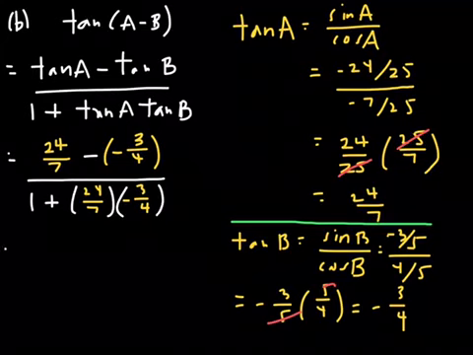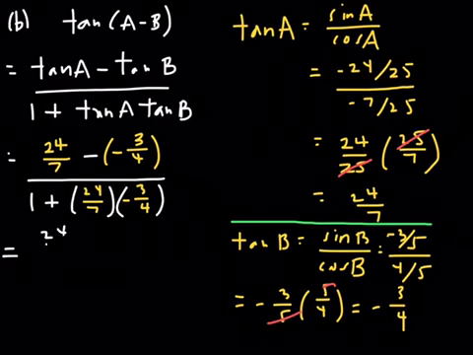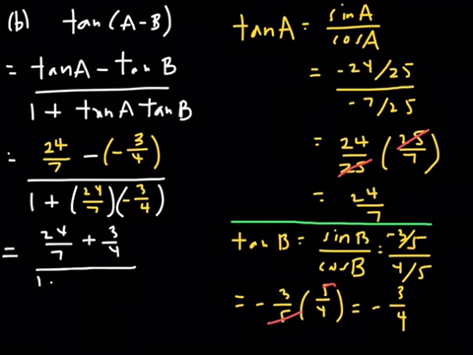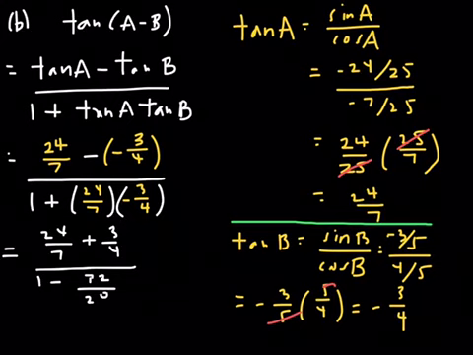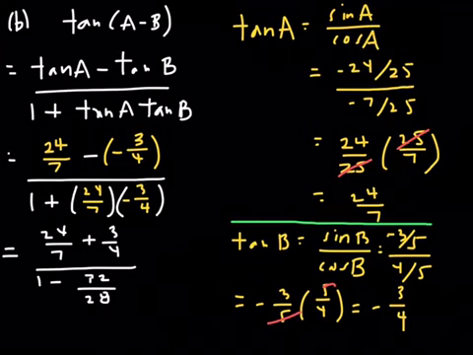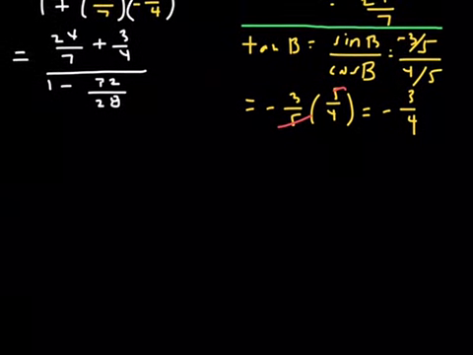So then this is equal to, let's clean this up a little bit, 24/7 plus 3/4 over 1 minus 72 over 28. Cool deal. All right, you're going to see me scroll down a little bit to give us some room here.